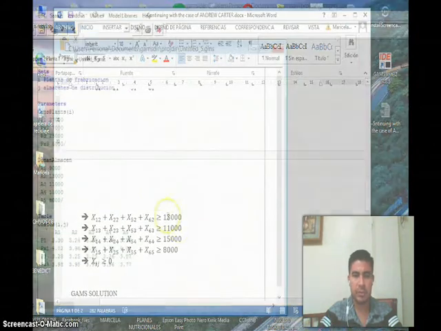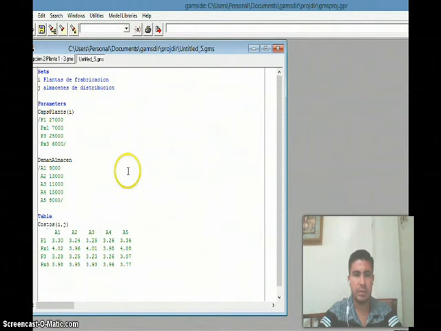Well, the GAMS solution. The table is the capacity, supply, and demand. The parameters: the first set I is the plants of fabrication, and the J set is the storehouses of distribution.